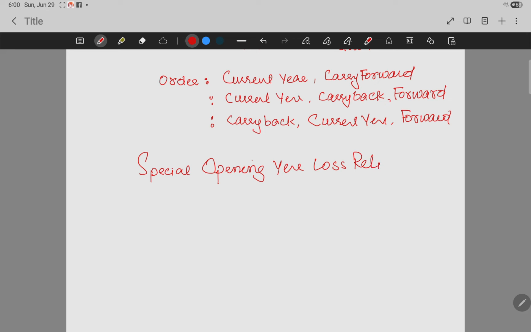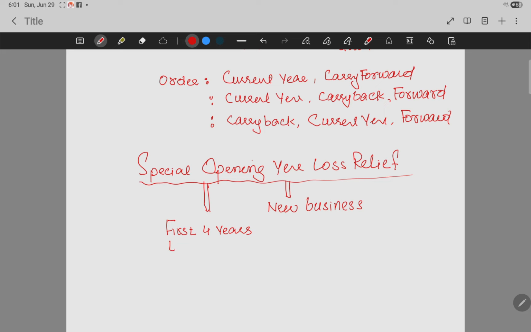You can opt for this option only for a new unincorporated business. There are quite good chances that a business has losses in initial years. The definition of opening year loss is that the first 4 years' trading losses are covered under special opening year loss relief.